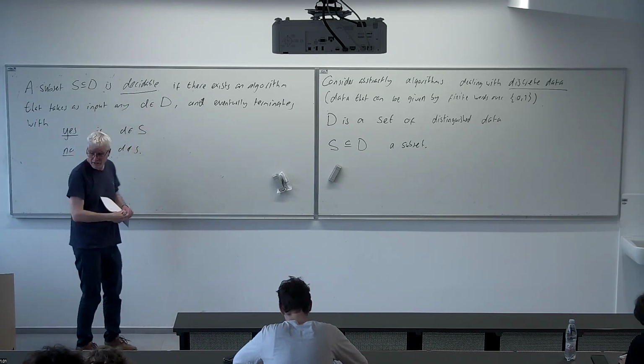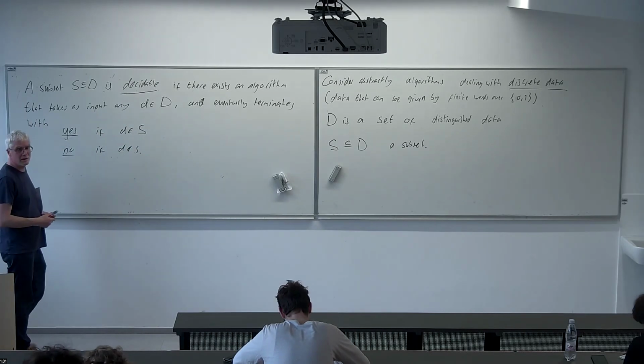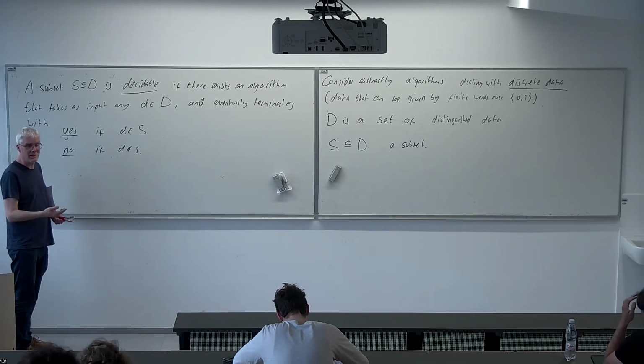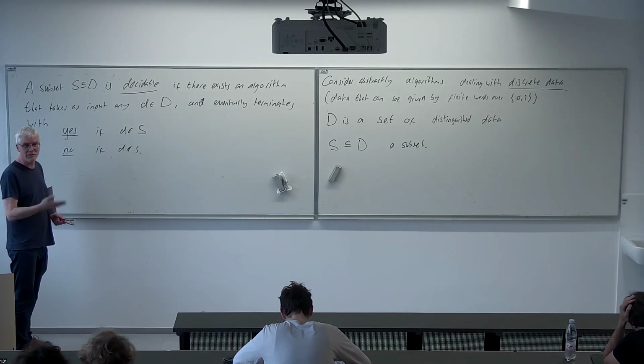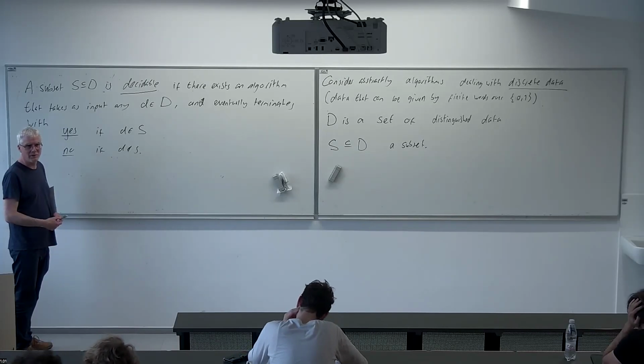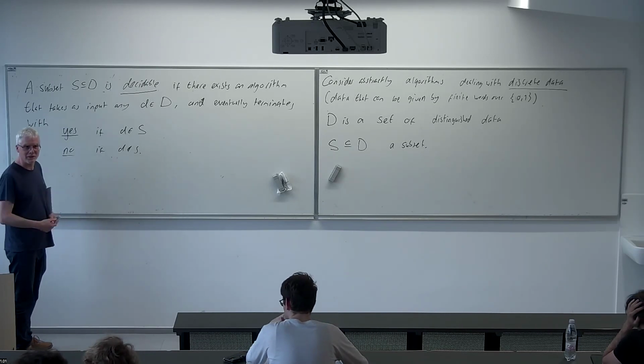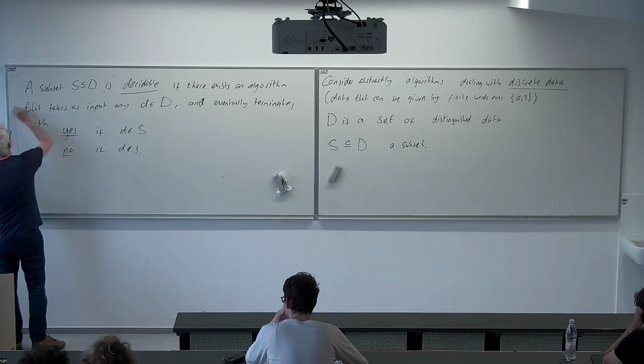So these things are great to have because you give it your input, you know it's guaranteed to terminate, you just need to be patient, you wait for the answer, and then you know whether or not your input belongs to the set. Of course, sometimes you need to be very patient, unrealistically so.